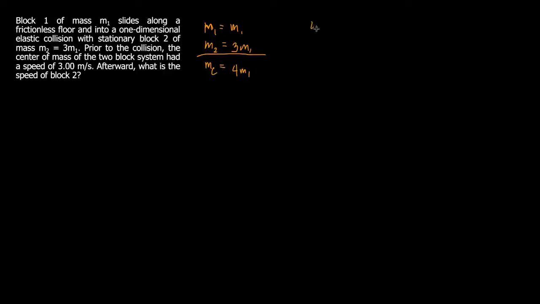We have an initial velocity, which we don't know. The initial velocity of m sub 2 is 0, and the velocity of the center of mass is 3 meters per second. We are finding the speed of block 2, which is v sub 2. You can also find v sub 1, but that's not important in this problem.